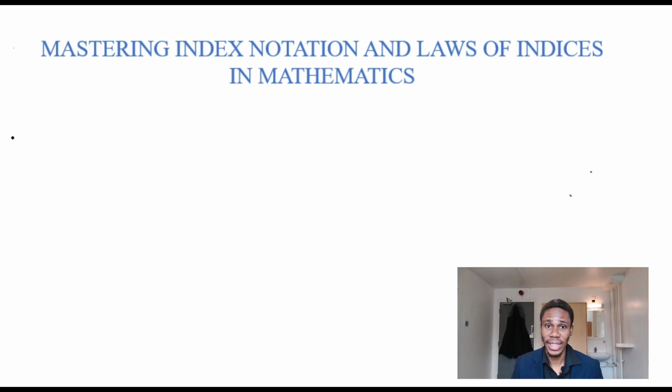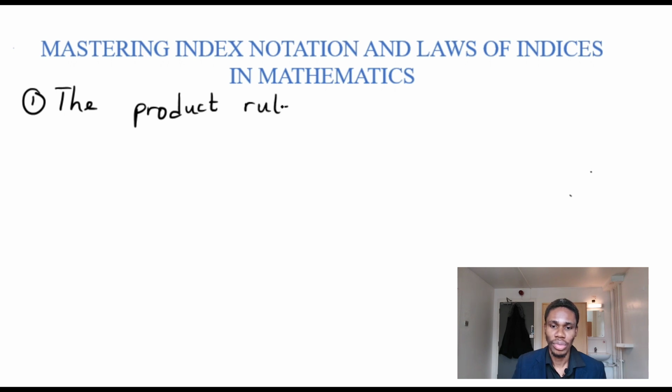For the laws of indices, there are basically 3 laws. Now the very first one is what is known as the product rule. So let's write it here. The product rule. Now let's establish some variables.